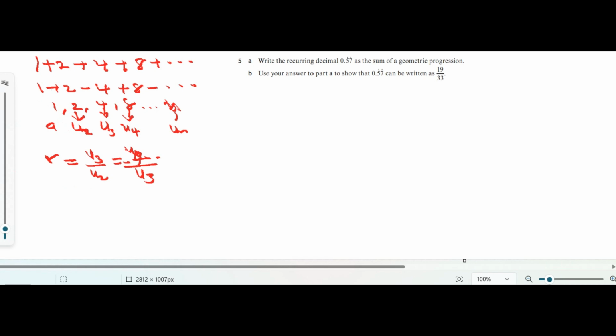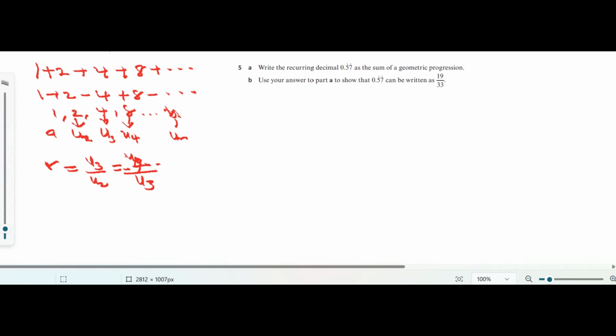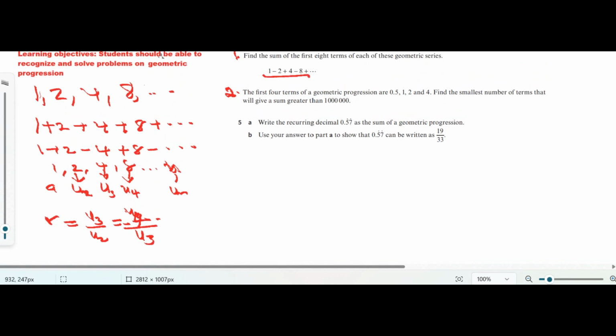So for this series that I gave to you in the question, 1 - 2 + 4 - 8 + ..., my first term A is 1, my second term is -2, my third term is +4, and my fourth term is -8.